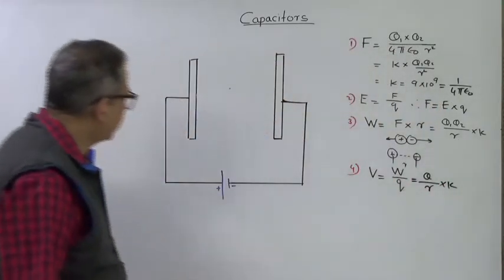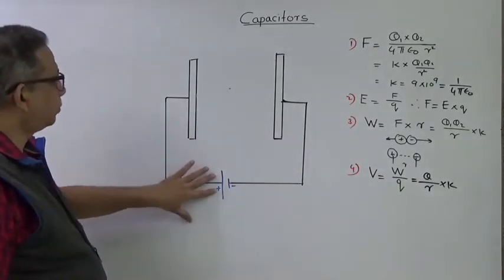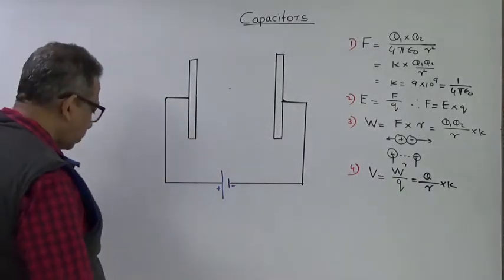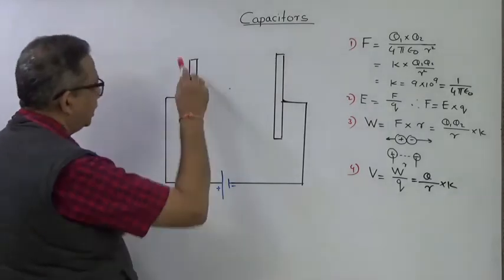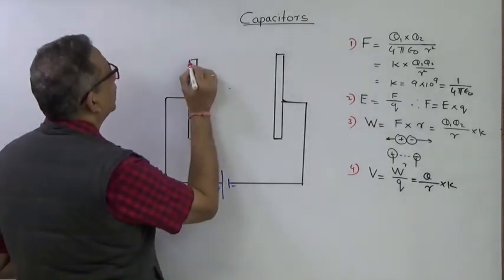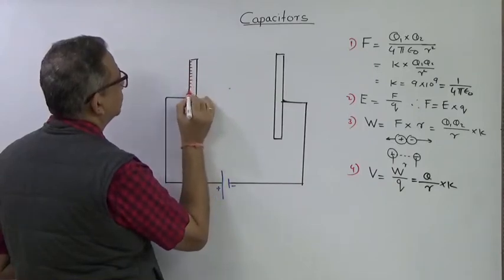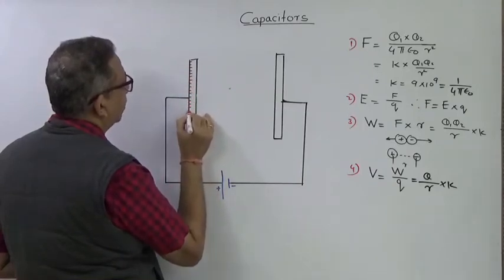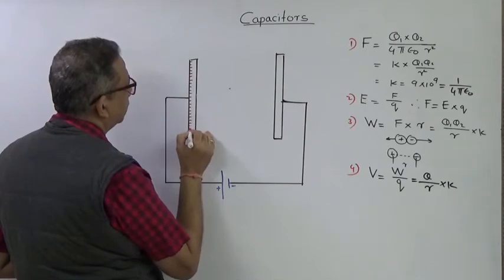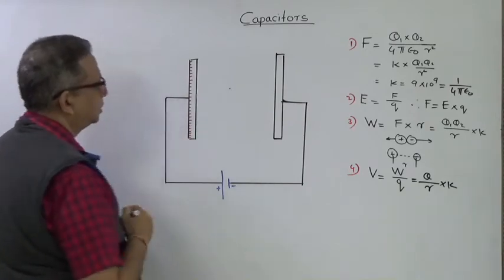Now when I give a positive potential to this plate, all the electrons in this plate will get accumulated on this side of the plate because of the positive charge.